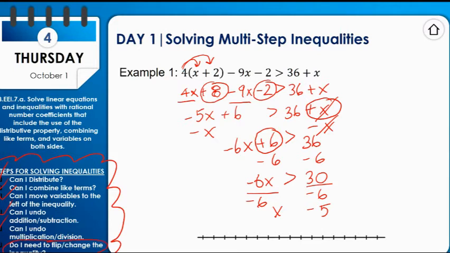Do I need to flip or change the inequality? Because I divide by a negative value, greater than now becomes less than. x is less than negative 5. What does that mean? All of my values for x must be less than -5 in order to make this inequality true.